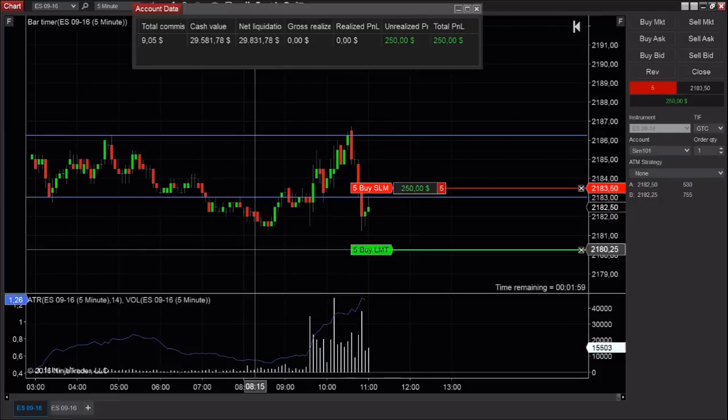2181.25, and that was just approached around 1815, 1820 on the very small red bar. What you can observe here is that we hit this level 81.25 once and we pushed back into range.